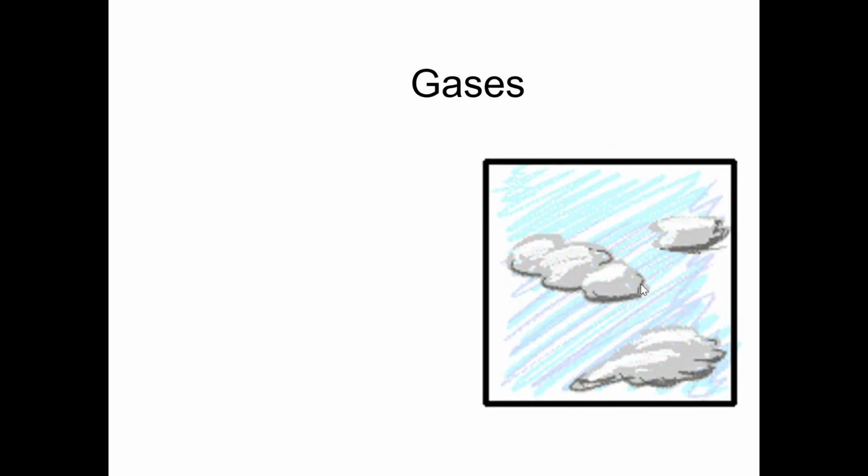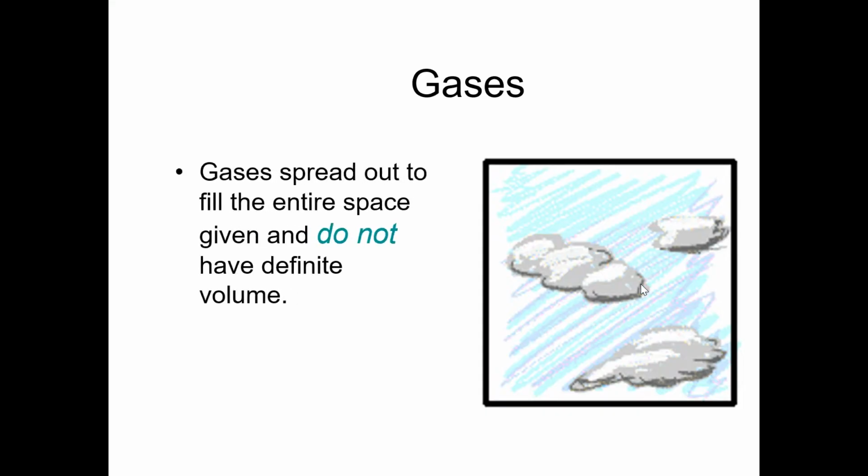The last phase of matter is gases. So gases are going to be able to spread out to whatever space they're given. For instance, if you take a balloon in the room you're in right now and you release the gas from the balloon, that gas will try to occupy the entire room, spread out as much as it can. So they don't have a definite volume and they don't have a definite shape.